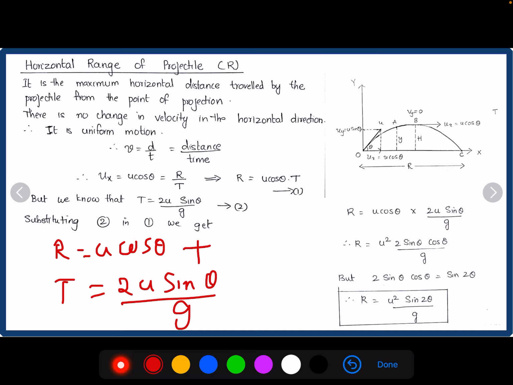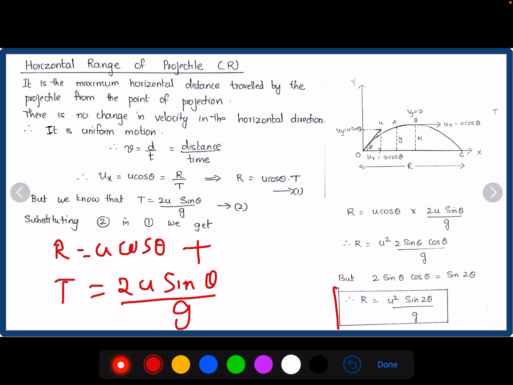So we got u square 2 sine theta cos theta by g. But according to trigonometry, 2 sine theta cos theta is equal to sine 2 theta. Therefore, r is equal to u square sine 2 theta by g. That is, range is equal to u square sine 2 theta by g.